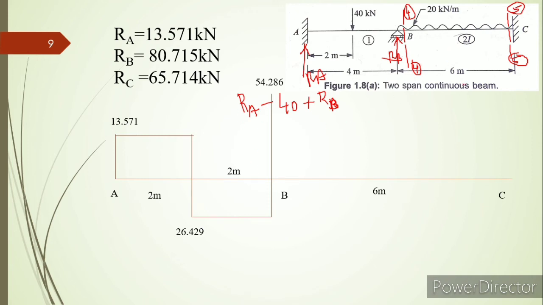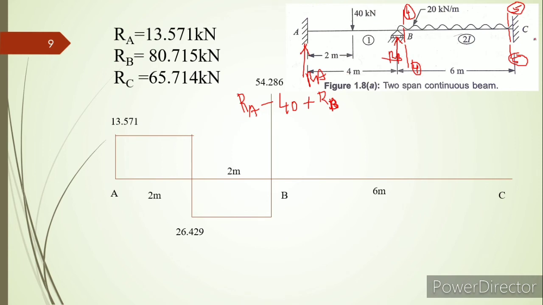If a UDL is acting on the span, the shear force diagram will be an inclined line, whereas due to a concentrated load, the shear force diagram will be a straight line. So along the span BC there is a UDL acting, therefore in the span BC the shear force diagram will be an inclined line.